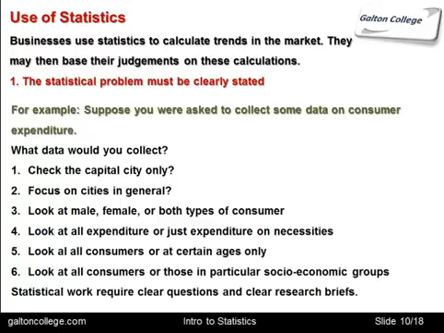So if you lived in the UK, would you check London only and ignore all the other places? Because consumer expenditure in London might be different to the other places. Or would you just focus on cities and ignore the towns or the countryside? Because maybe different patterns of expenditure again. And you'd be losing that. You would lose that sensitivity.